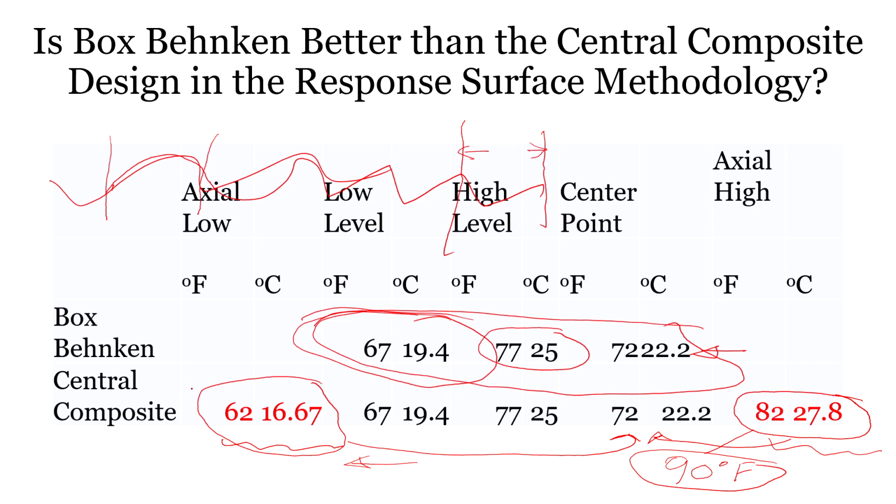But if you start with, again, these axial points, it's really not that practical. So Box-Behnken in a practical sense, I think, is much better than the central composite design. But both of these have advantages and disadvantages. Central composite is based on the fractional factorial design, so you have all the advantages of fractional factorial design.